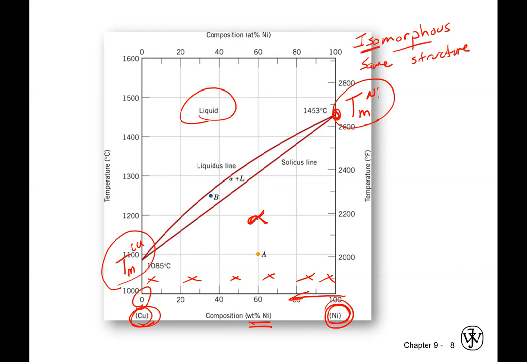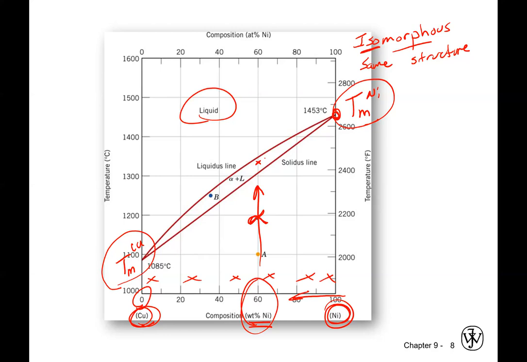But if I was at, say, 60 weight% nickel, so I'm up along this line, sitting right here at, let's say, 1330 degrees Celsius, I'm sitting right in the middle of an alpha plus liquid region, solid plus liquid region. And that would be my equilibrium amount.